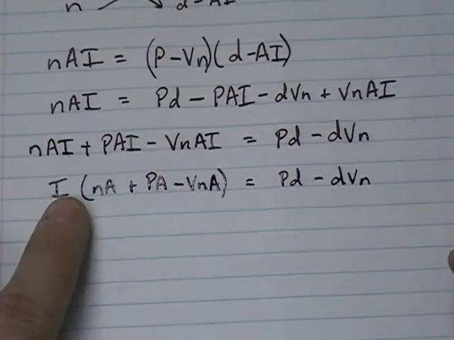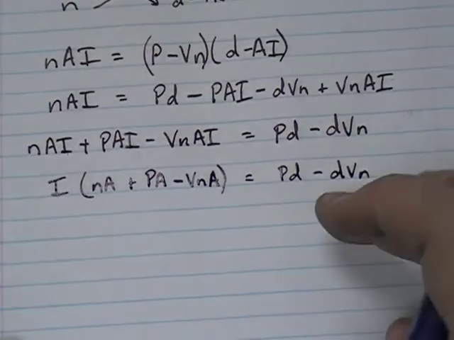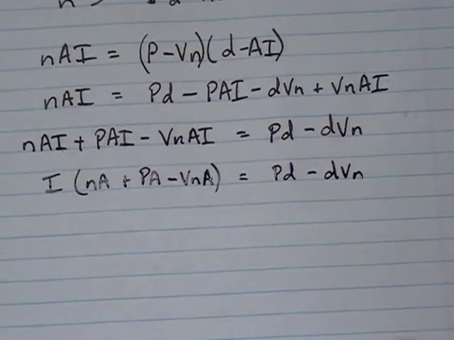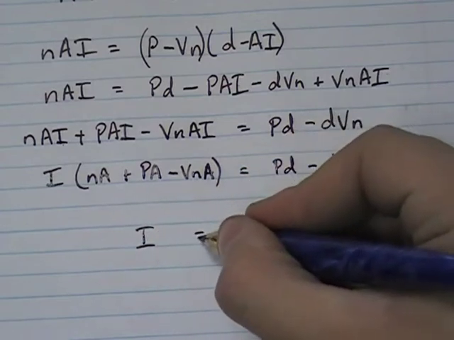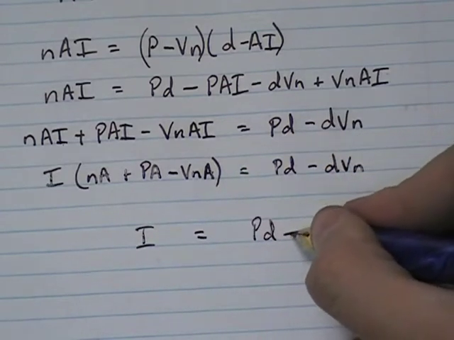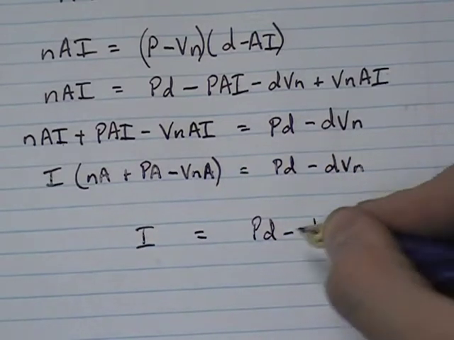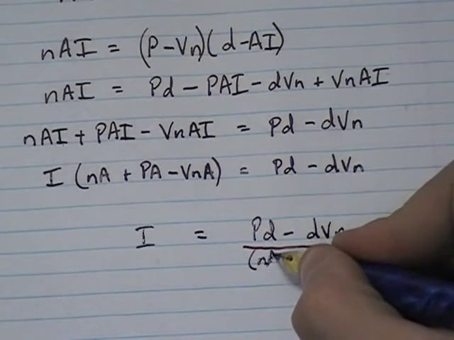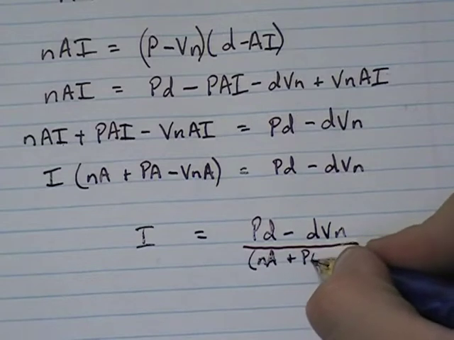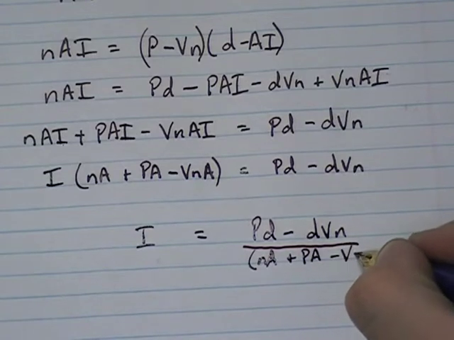So I have I times a large quantity equals another quantity. How do I get rid of that? I divide. So I get I equals PD minus DVN over NA plus PA minus VNA.